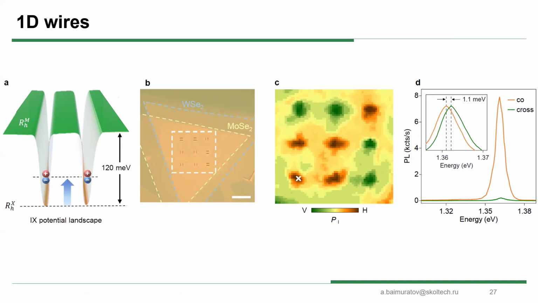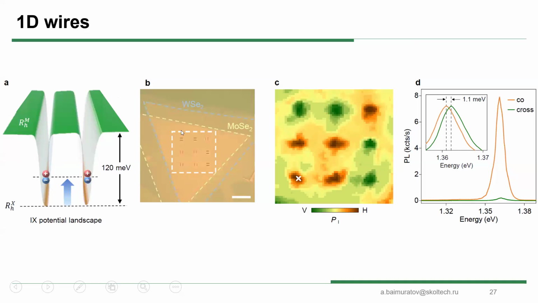With this double domain wall, you will have one domain wall here, one domain wall here, and effectively it gives you sufficient localization for interlayer excitons.